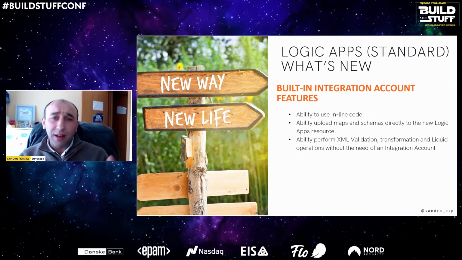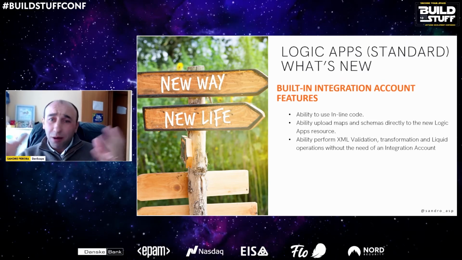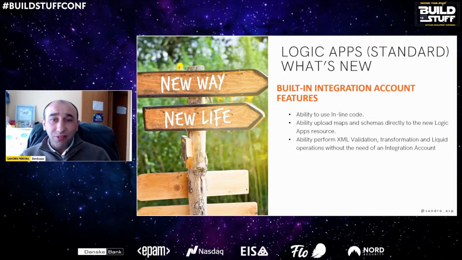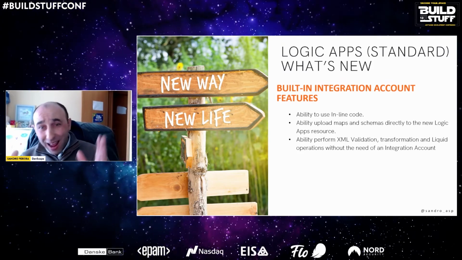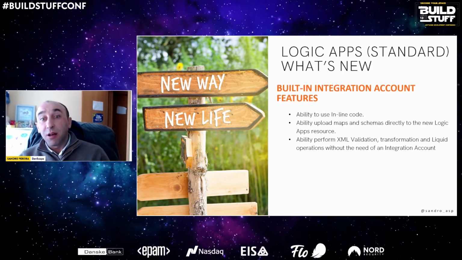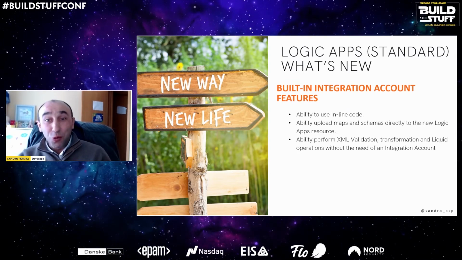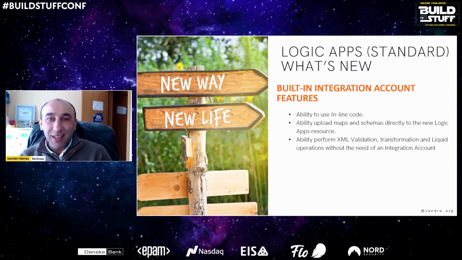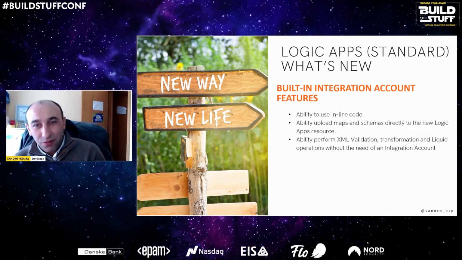I know that nowadays everyone speaks about JSON, Liquid templates, and it's really fancy to do and have. But in reality, in enterprise integration scenarios, what we normally use is XML and flat files, text files, okay? CSV files.